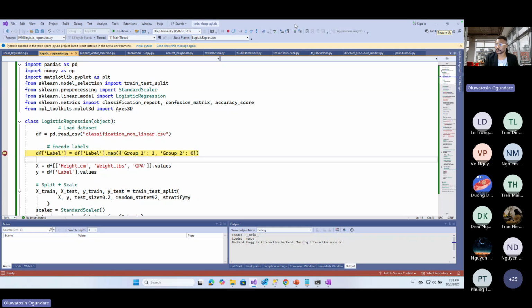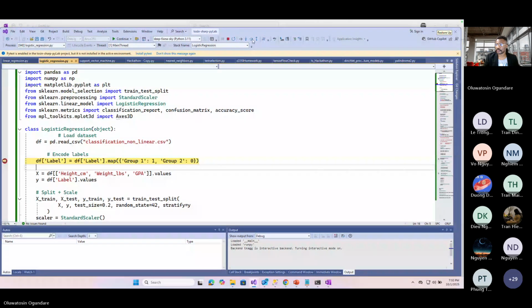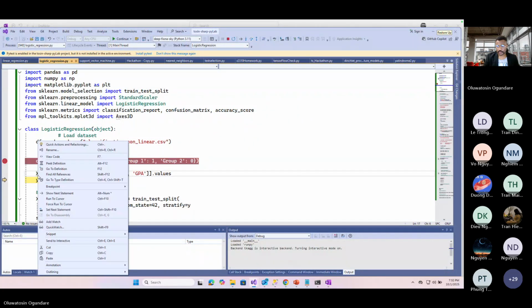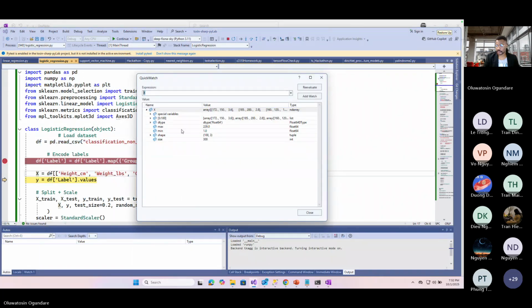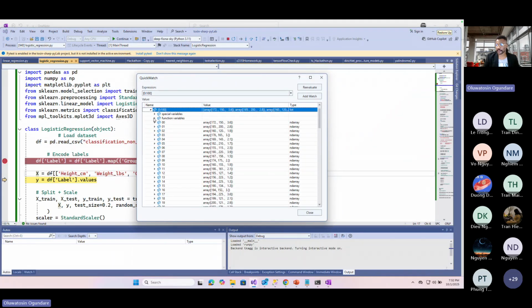So if you look at every single one, it's easier to see this way.